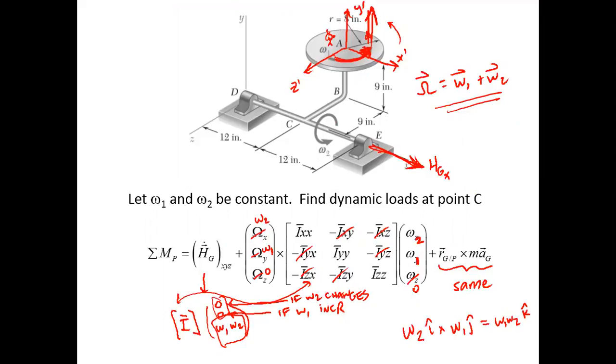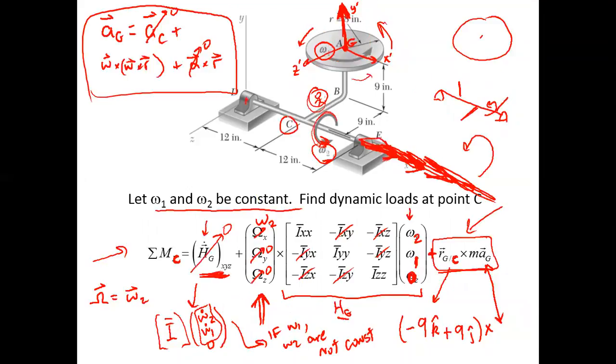So now the difference ends up coming in here, because remember in this case I had omega 2 and omega 1 when I did it, whereas in this case I only had omega 2. So this whole second term here is going to be different. You know what I mean?